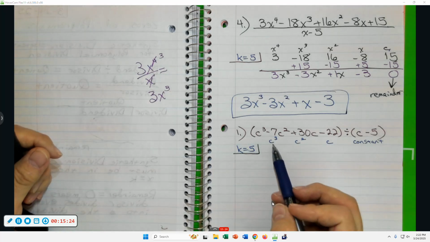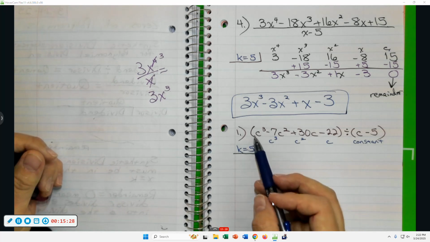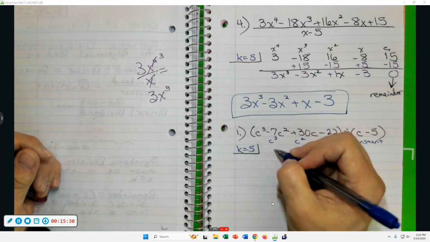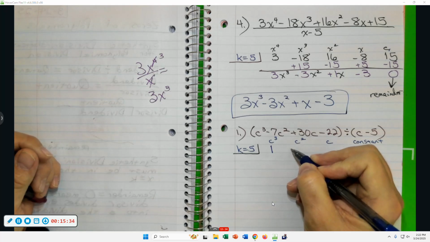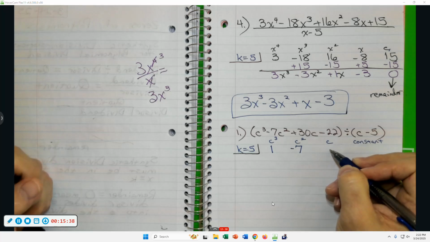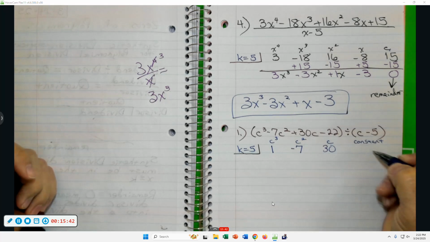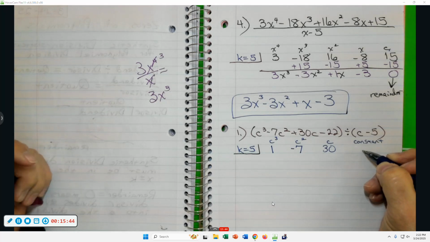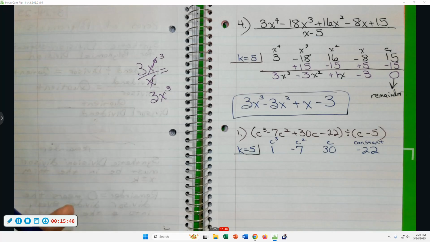You start with the one with the biggest exponent. The coefficient for c cubed is 1, and then c squared, negative 7. c, positive 30, and then my constant is negative 22. So we'll skip a line.